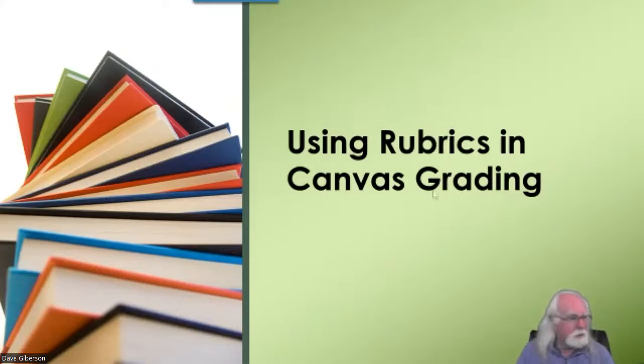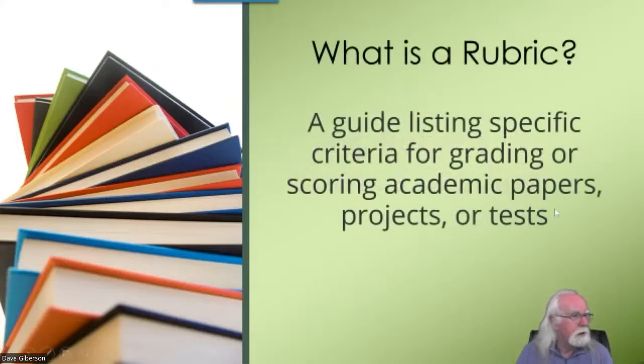Okay, so what's a rubric? As we see the textbook definition here, it's basically a roadmap to grading that can be presented in a number of ways.